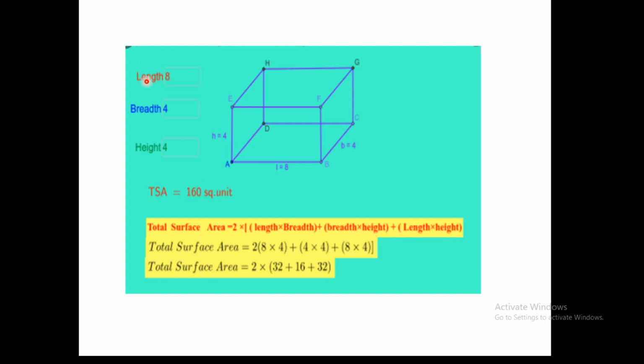Apply all these values here: 2 into (8 into 4 plus 4 into 4 plus 8 into 4). Look at this, 2 into (32 plus 16 plus 32), then what is the total answer? It comes to 160 square units.